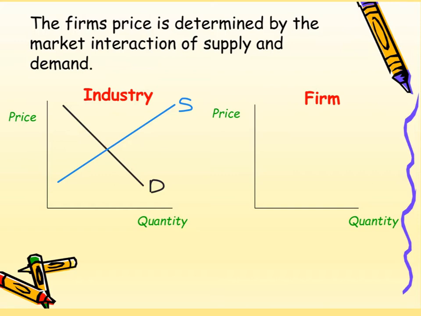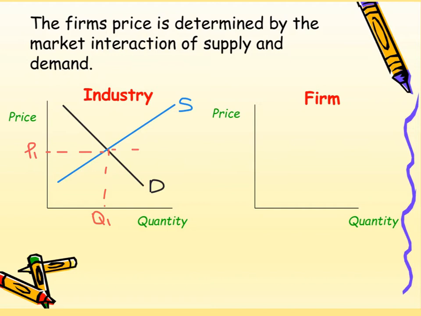So if I just draw a broken line across there, that's my equilibrium price, and I can just draw my equilibrium quantity there, so that's P1, and we can call this Q1. Okay, but it's actually from there that the firm's price is set.